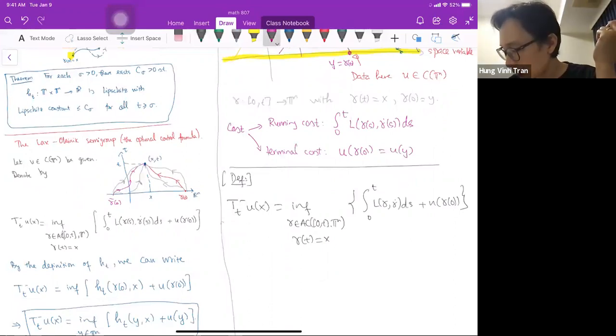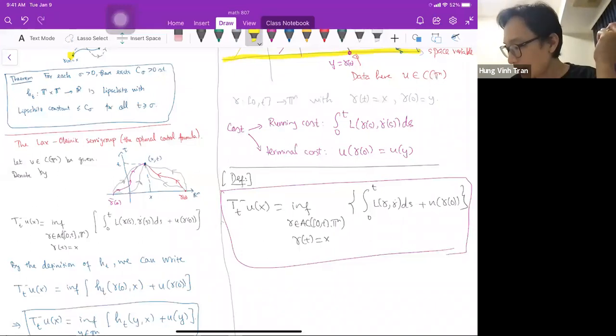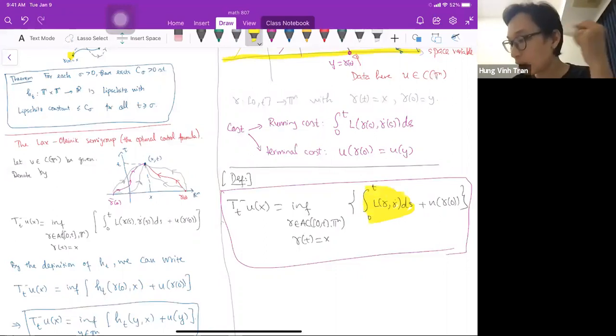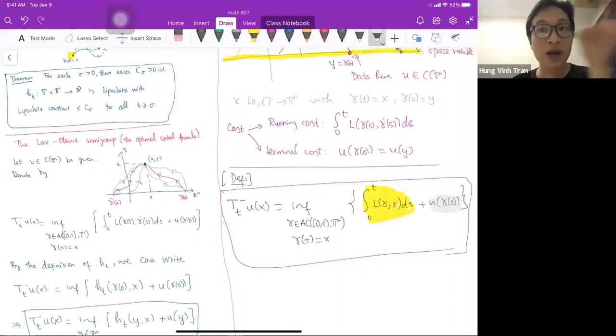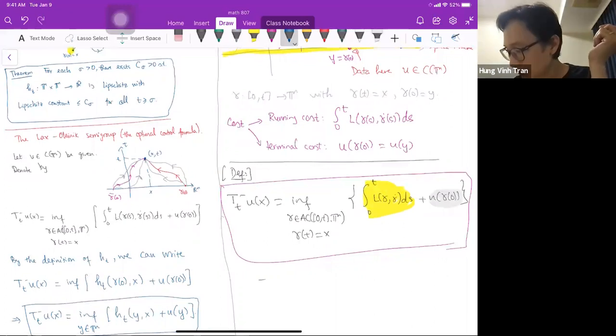And okay, you see that this can be rewritten easily as minimizing over all possible paths with two endpoints, gamma t equals x and gamma 0 something. And then after that, I'm minimizing over the first part plus the terminal data, right? So you see that readily this equals the infimum over gamma 0 of h t of gamma 0, x, right?